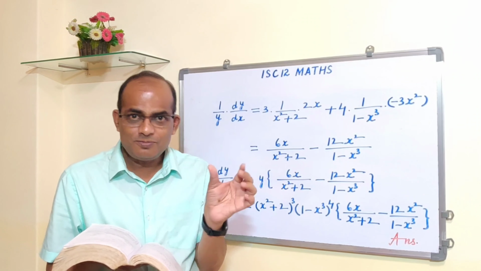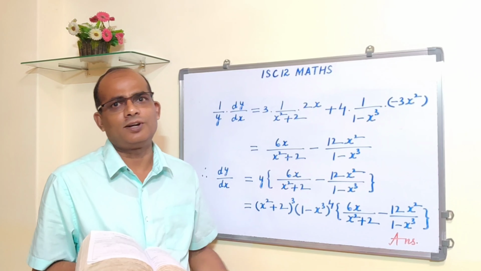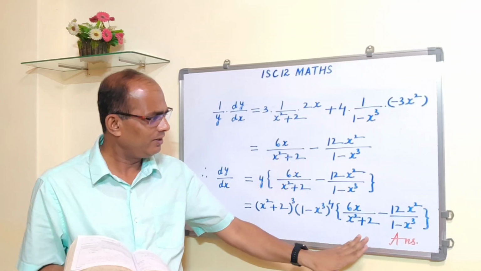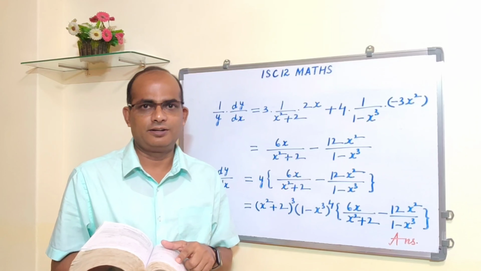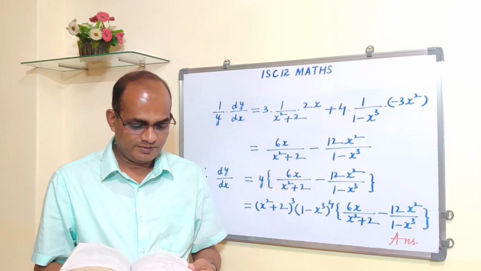So the forms are different, but the answer is same. And this is the right answer. Absolutely correct answer. There is no doubt at all. You have to leave it here only. If you want the same answer, then you simplify, and definitely 100% you will get the same answer as given in the textbook.